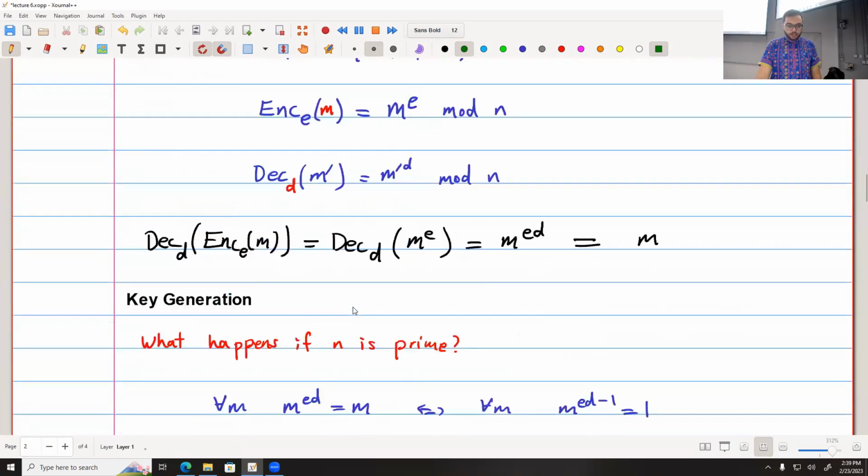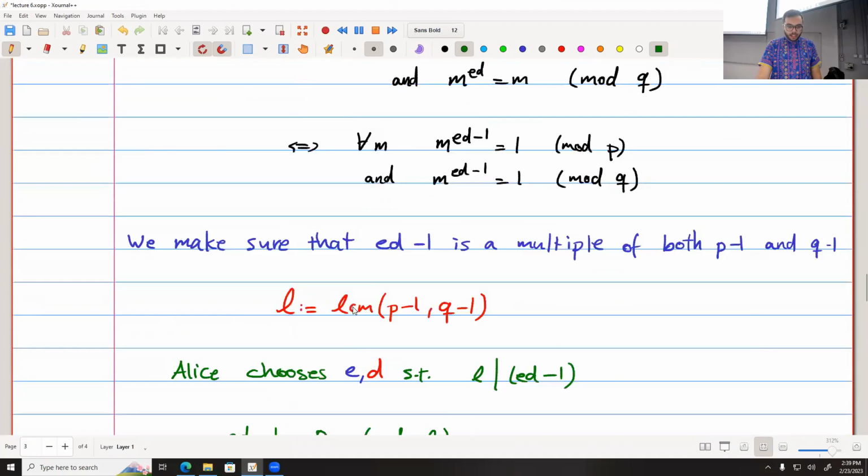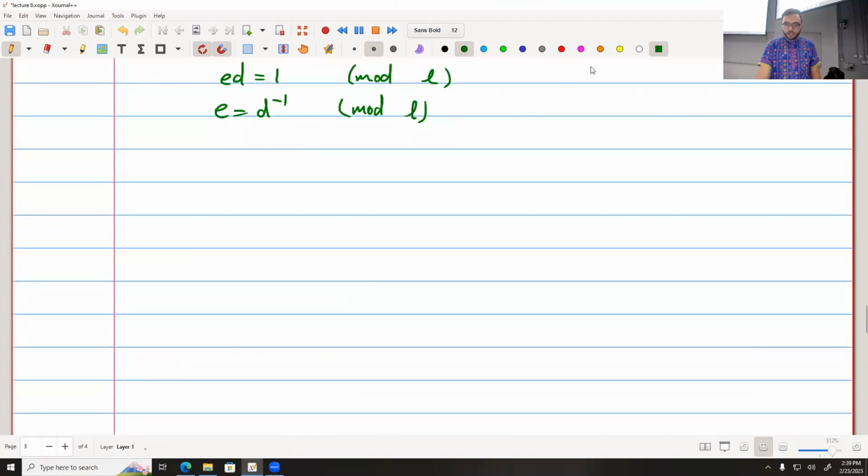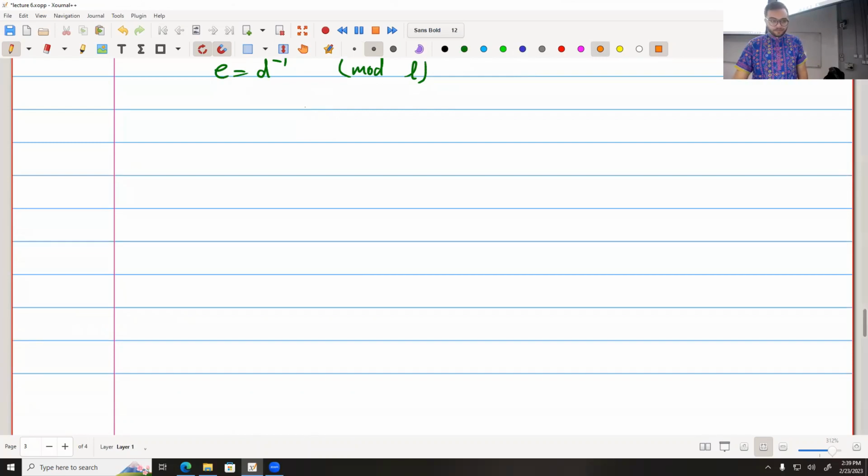So let's now analyze it again from the point of view of Eve. So what does Eve see? Just as before, Eve sees everything that Alice broadcasts at the beginning.